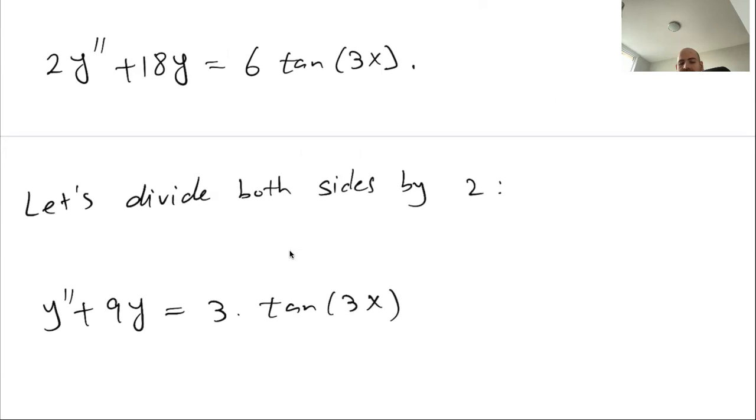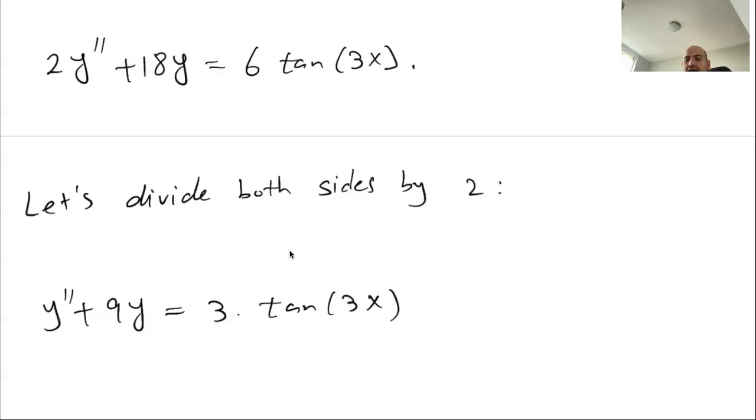So right now we have a non-homogeneous equation because the right-hand side is not 0. It's 3 tan 3x.